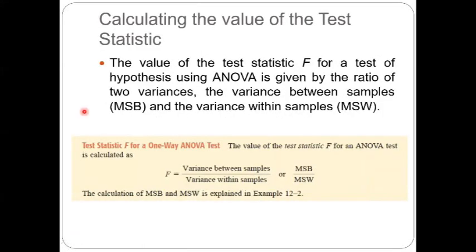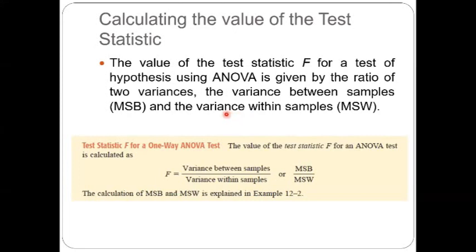And again, yun na. So we have here yung mismong kung paano tayo magka-calculate ng value of the test statistics. We have the value of the test statistics, which is yung F kanina, which is the F distribution for a test of the hypothesis using the ANOVA or the analysis of variance is given by the ratio of two variance. So we have here yung ratio for the MSB, which is yung variance between the samples, and yung MSW.